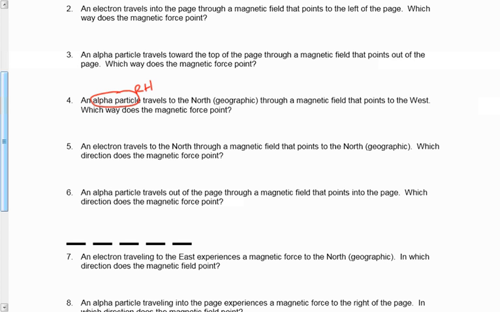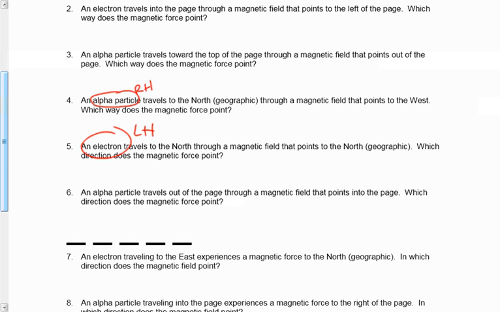Number 5 was the next one. It says an electron travels to the north, there's a magnetic field. I'm going to circle that and put an LH for left hand to remind me that when I go to use a hand rule, it's going to be the left hand. Negative particle, left hand. So we got a particle traveling to the north, and a magnetic field that's pointing to the north. Again, you can't see out the window here, so that's going to be north for us.